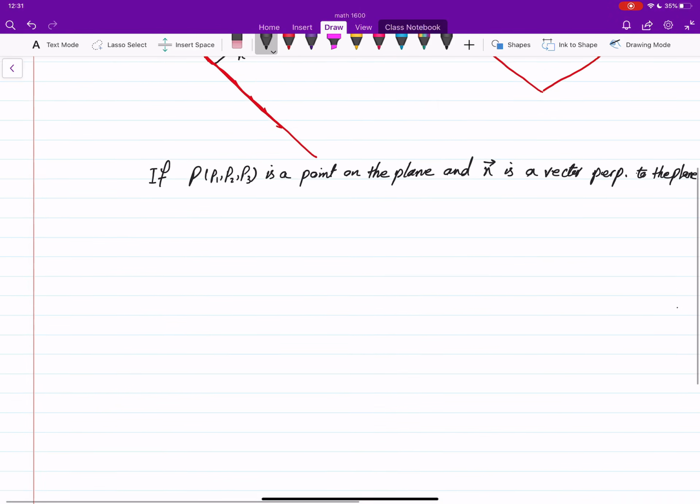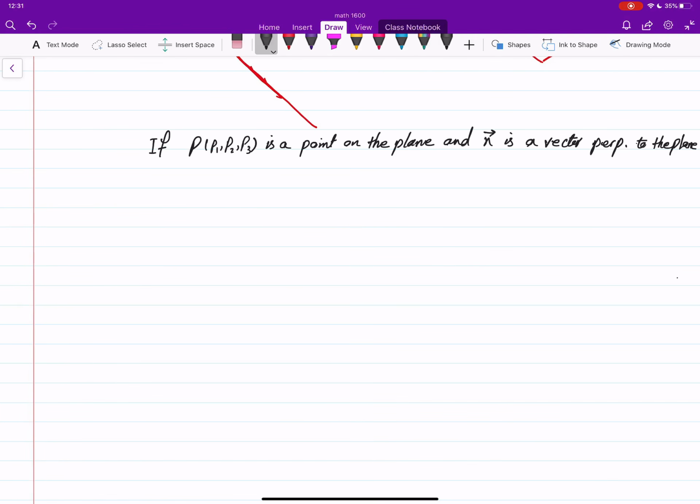Then let us do a little bit of old style geometry. If this is a plane, you have a point P on it, and we have a vector n which is perpendicular to the plane. Then you choose any other point x you like. Then form Px.